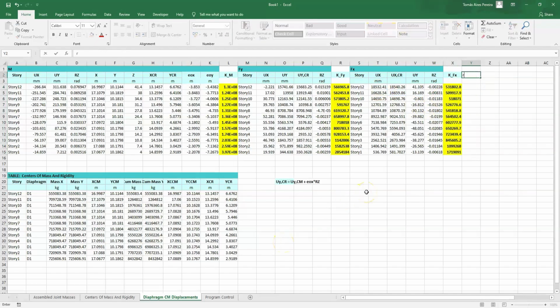At this point, we are in a position to calculate our Rx factor, which then has to be compared with the L's factor. We will take the ratio of the torsional stiffness divided by the lateral stiffness, the square root. That is, torsional stiffness over lateral stiffness.